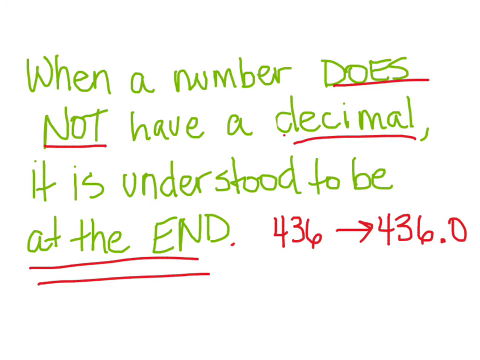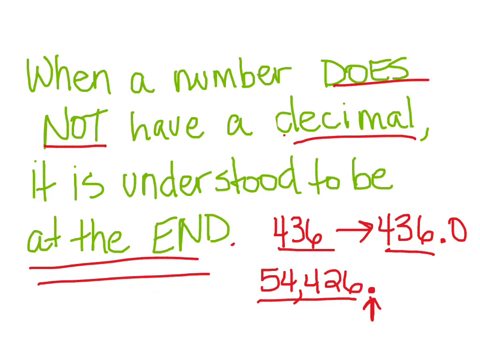The number 54,426, the decimal is at the end. When a number does not have a decimal, it is understood to be at the very end of the number, because up until that point, all of these numbers are whole numbers.